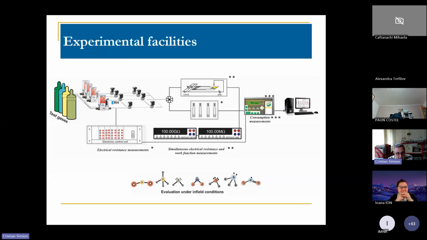So we have in our lab experimental facilities which are able to mimic the in-field conditions. Basically, we have plenty of toxic and explosive gases, which can be mixed with the relative humidity under controlled conditions, from ppb to ppm levels.